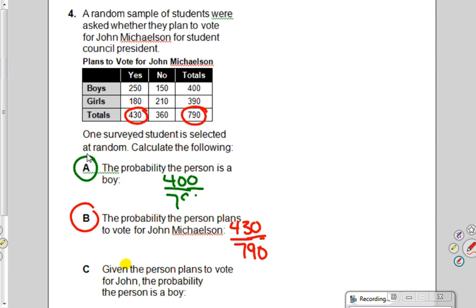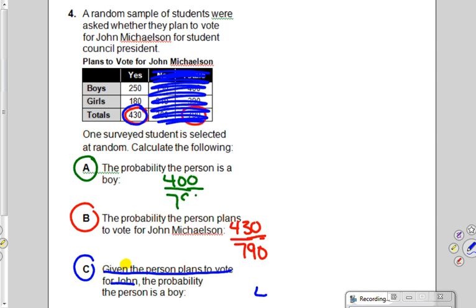C, given the person plans to vote for John, right away, you now only focus on the people voting for John. Given the person plans to vote for him, how many are boys? Out of the 430, so now your denominator is 430. How many are boys? 250. 250 out of 430.